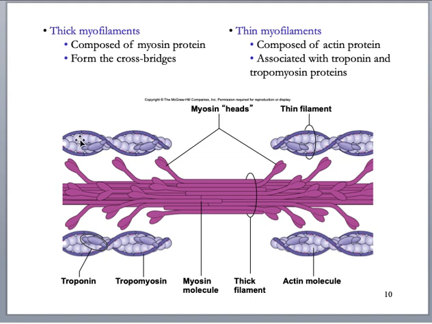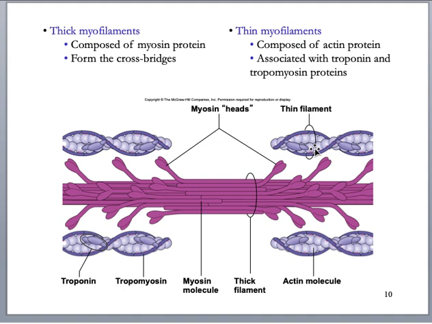It looks like two chains of Mardi Gras beads in a helix shape. Each one of those beads is a globular actin protein linked together, and you have two of those strands in a helical shape. That is actin.